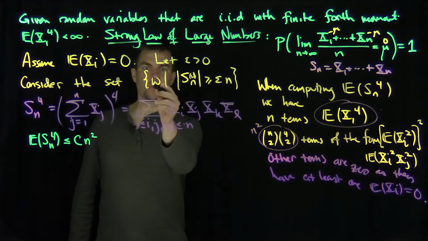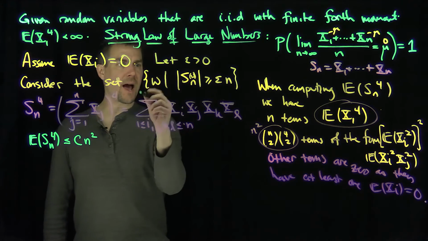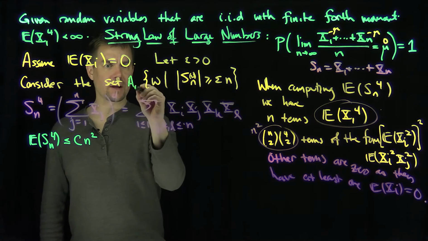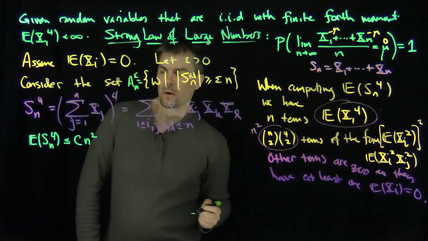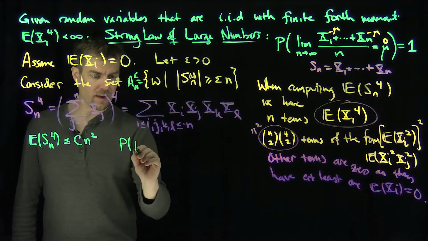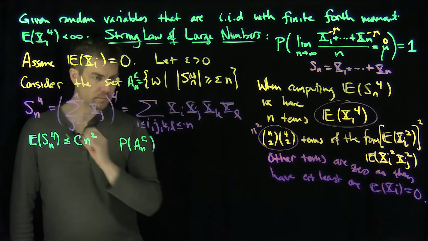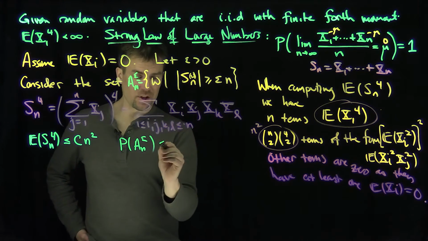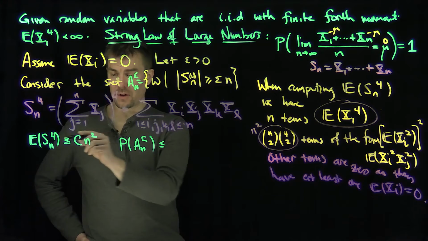And so now what can I conclude about this set over here? This set, I'll call that set An epsilon. Well, the probability of An epsilon is going to be, by Chebyshev, less than or equal to the fourth moment of this thing over here.